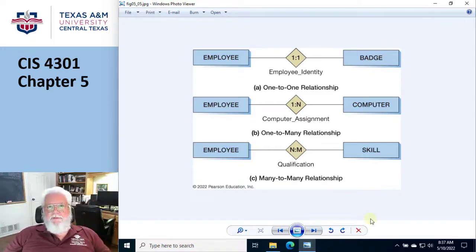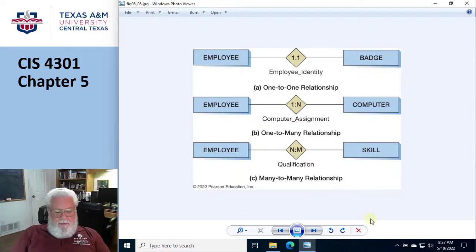And the last one is a many-to-many, where many employees on the left can have many skills on the right, and many skills on the right can have many employees on the left. Okay. By the way, just a trivial pursuit, once we get out of the modeling business and back into doing stuff in SQL Server, it does not support a many-to-many relationship. We're going to have to use something called an intersection table to make it work.